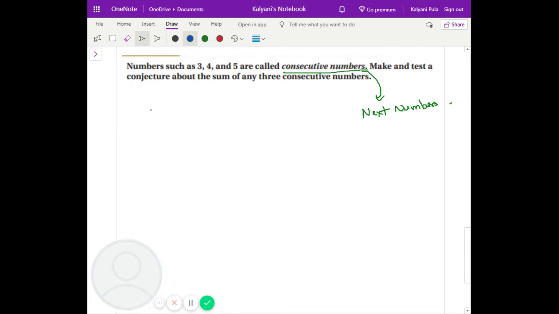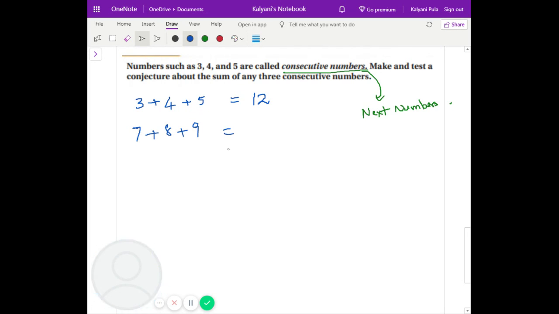I like that. So if I look at this one, 3 plus 4 plus 5, what do I get? 12, right? So 12 is there. Just keep that. I'm going to take another number. 7 plus 8 plus 9.